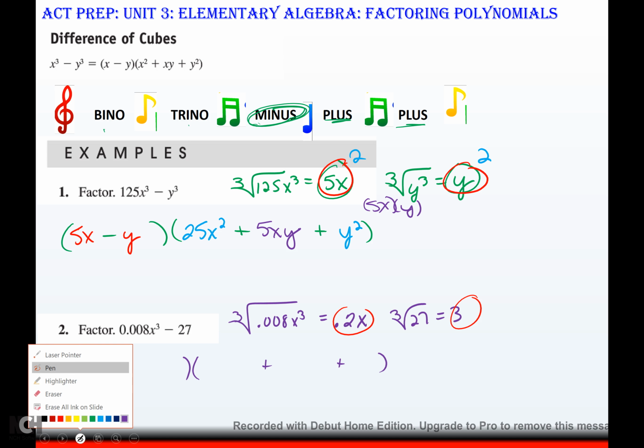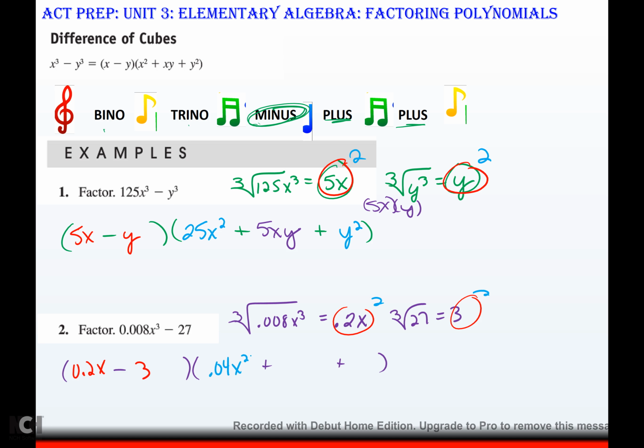My terms for the binomial are 0.2x and 3. To get the trinomial, you square these. If I square 0.2, I get 0.04x squared, and 3 squared is 9. And if I take these two and multiply them together, 0.2x times 3, I get 0.6x. So it'll be 0.6x. And I'm done.